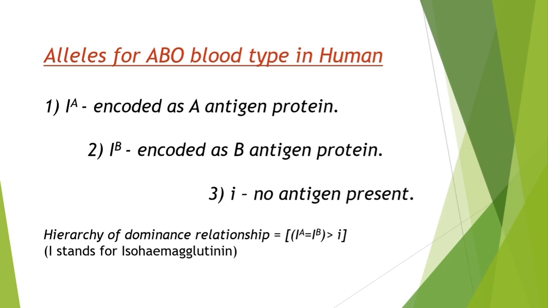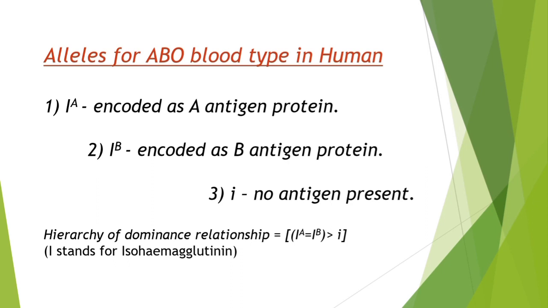So on the basis of dominance, there is a relationship between capital IA and capital IB, where capital IA equals capital IB and small i is always recessive in nature.